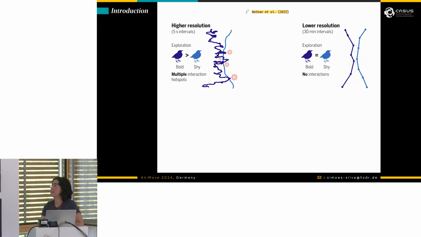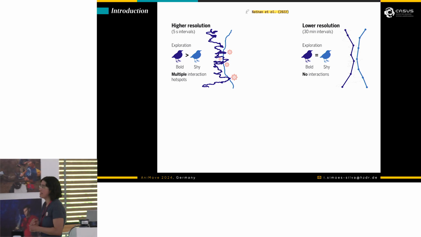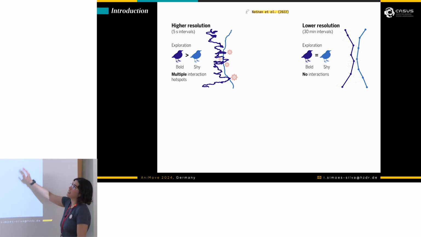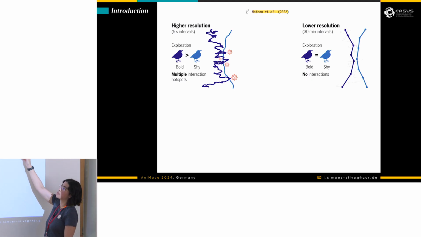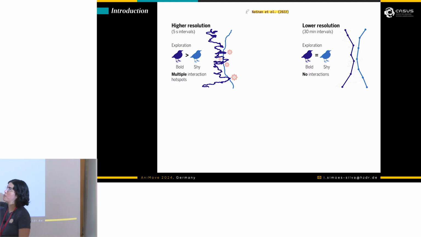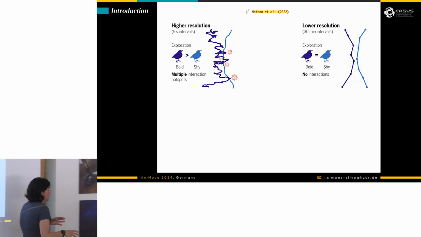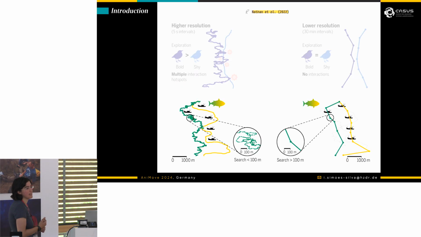So if we're specifically looking at whether these individuals are interacting with each other, and you only have very low resolution, you might miss those interactions. And you might even say, oh, these two individuals kind of explore space in the same way. And you're missing out on all this information where they could have interaction spots. And one of them is definitely more bold in the way it explores its environment than the other one.